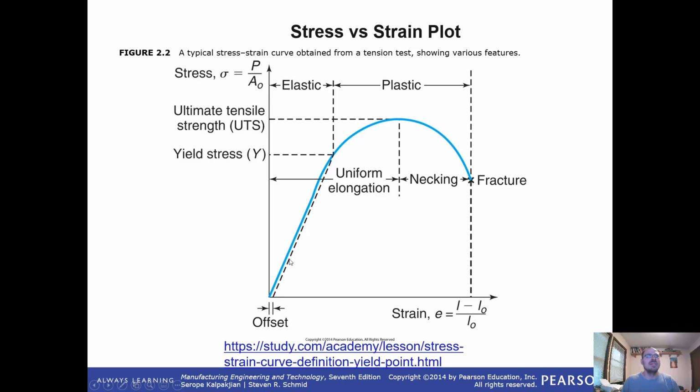And what we're looking for here, as I mentioned before, is our yield stress. When does it start yielding? A lot of times that's called the yield point, because once we get up to that point, it starts yielding, right? Ultimate tensile strength, again, is our max amount of stress we can hold with that initial area. Once that area starts decreasing, so that necking, this is why we end up getting a reduction of stress here. And again, that will be reviewed in the true stress, true strain curve.